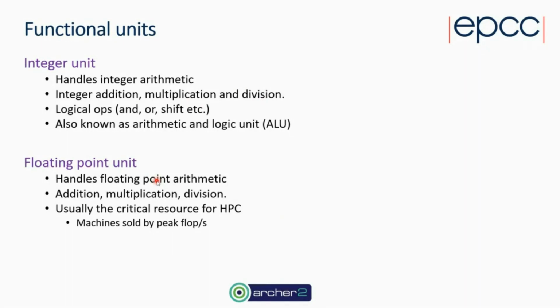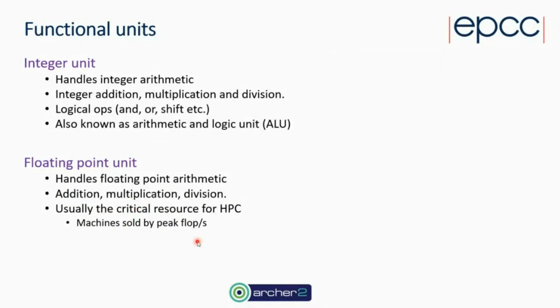If we had a look at the Fujitsu A64FX processor, it has 2 floating point units per core to give its high performance operation for computational simulation. And so the floating point unit or units handle floating point addition, multiplication, division operations, these kind of things. And it's critical for performance for computational simulation, as I've said.